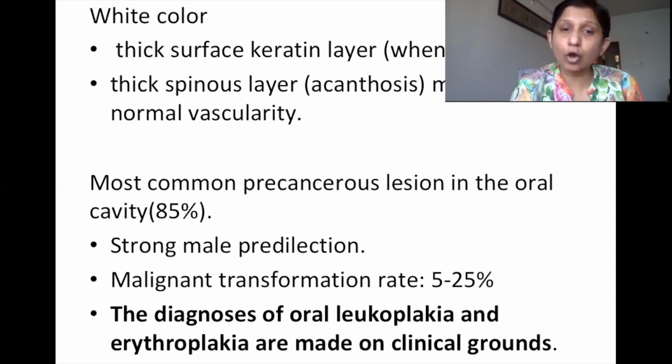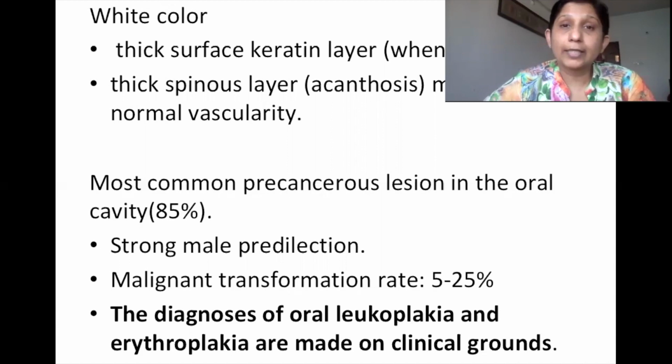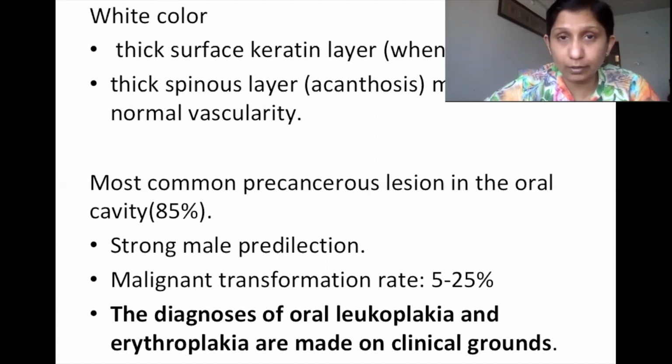Now, the most common precancerous lesion in the oral cavity is leukoplakia. That means in 85% of the cases of precancerous lesions, we can see leukoplakia. It has a very strong male predilection, perhaps because smokers are more in males, because smoking is a major causative factor of leukoplakia.